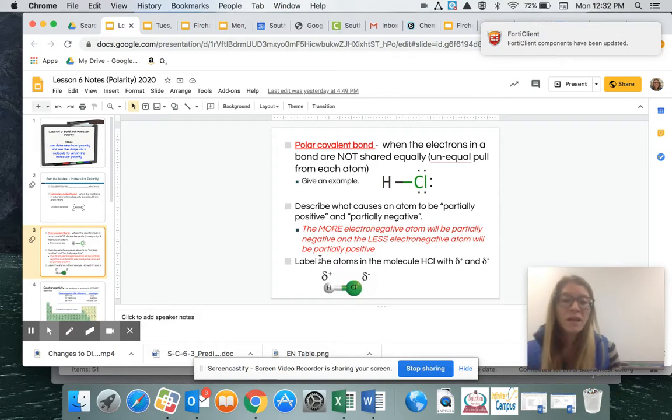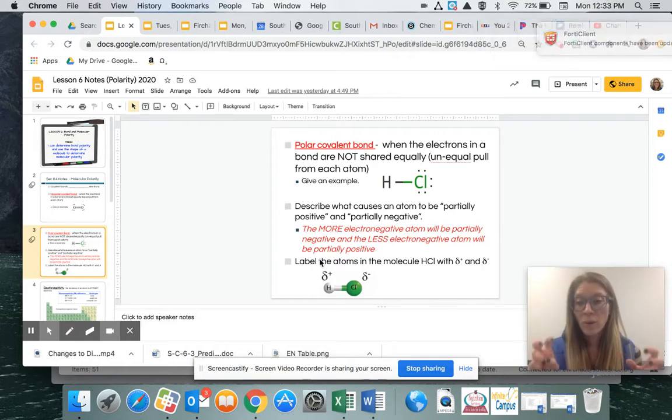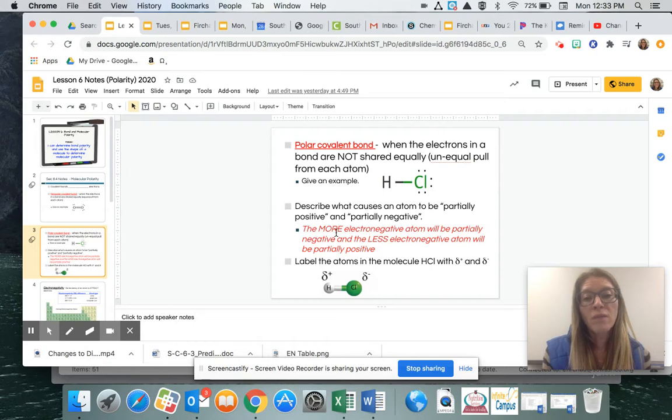So in a polar molecule, you have partial charges. So one side is going to be partially positive, the other is going to be partially negative. So the more electronegative atom will be partially negative. The less electronegative atom would be partially positive. Now, if you remember from Unit 1, we skipped the last page on periodic trends.